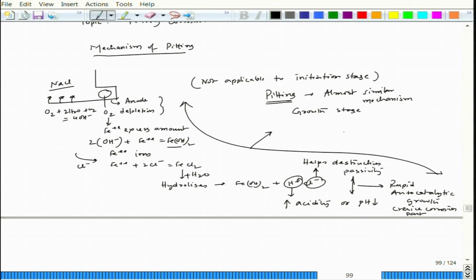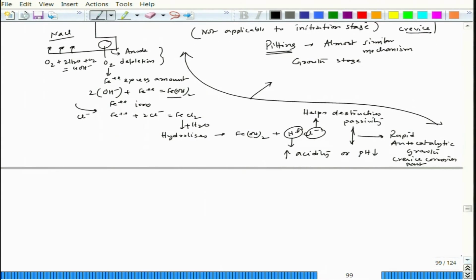For example, recall the stainless steel plate we showed with a lot of perforated pits. That plate was flat without any crevice, but still it had pitting. So this initiation part can happen even without crevice.